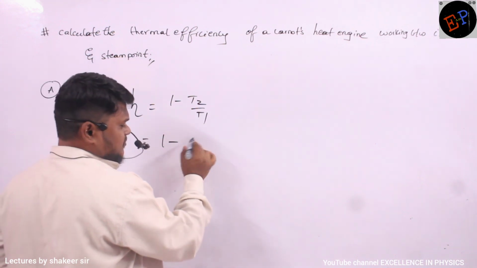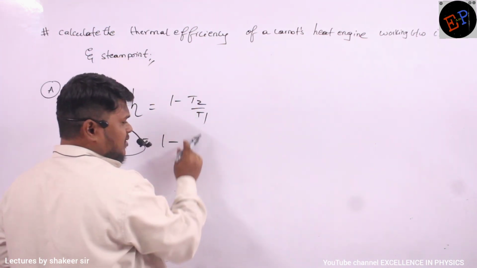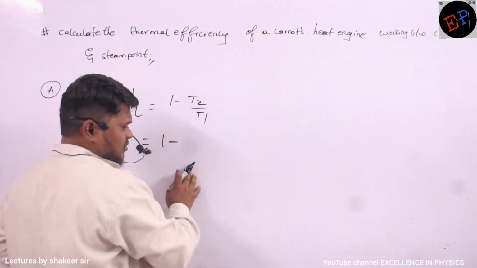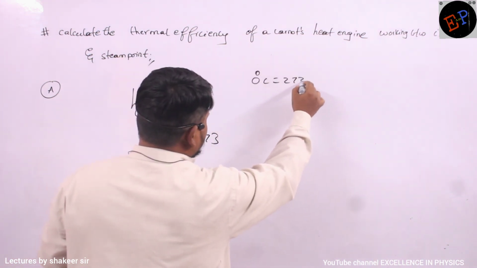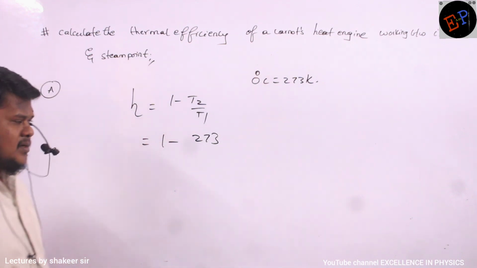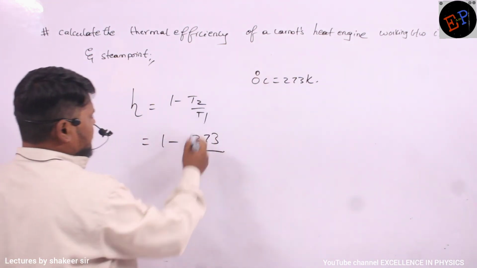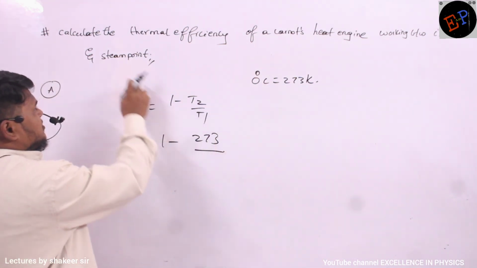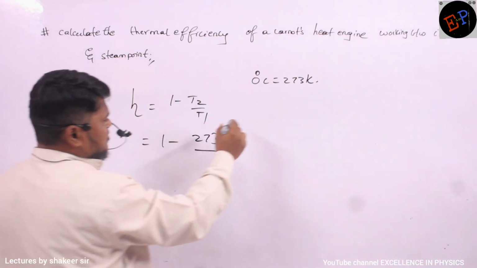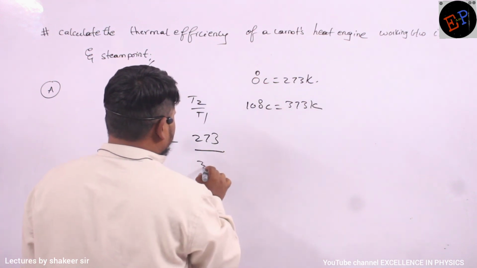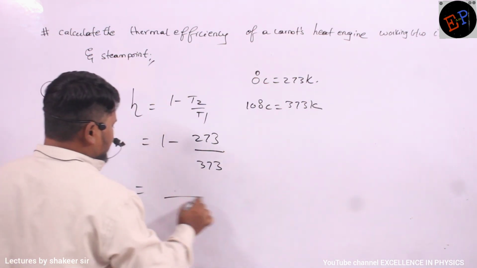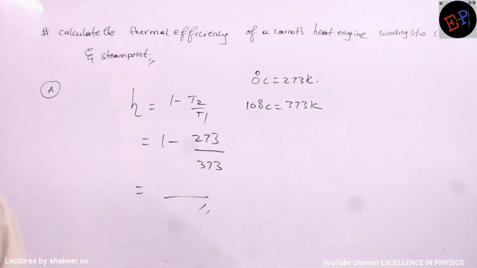And what is the ice point? 0. But capital T is written over here, so you have to convert into Kelvin. So 0 degrees Celsius is nothing but 273 Kelvin, no? Divided by T1. T1 is 373. T1 means steam point. Water boils at how much degrees Celsius? 100 degrees Celsius, which is nothing but 373 Kelvin. So if you do this calculation, I will get the efficiency of this heat engine.